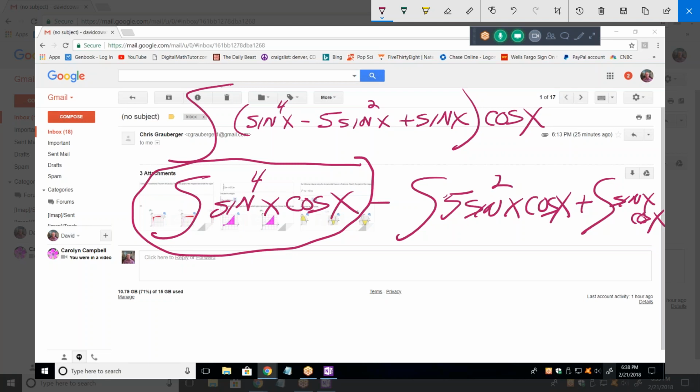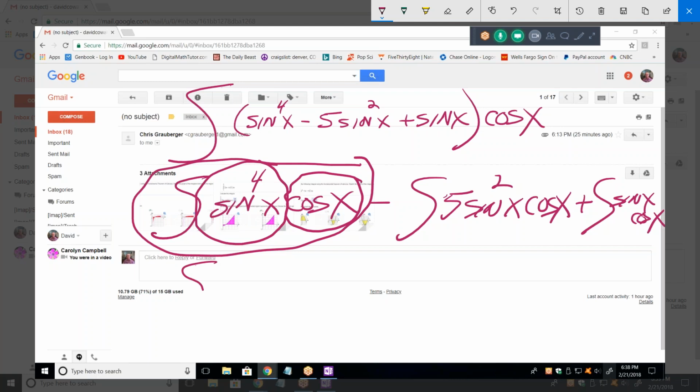So we definitely have the f of g of x, that's this part here, times the g prime of x. That's that part there. And so what we're going to let u be is sine x.